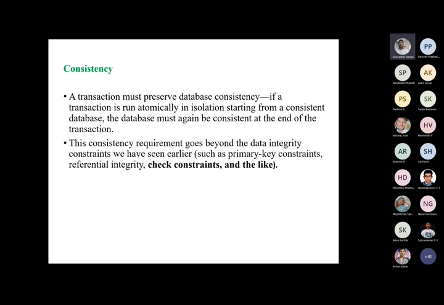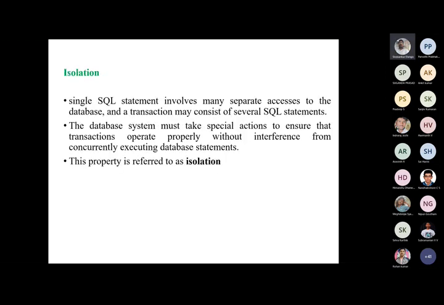Again, primary key constraints can be verified in checking the consistency requirements, and foreign key constraints also can be verified, right? So the next property is going to be isolation.